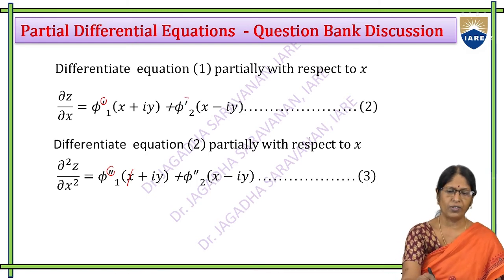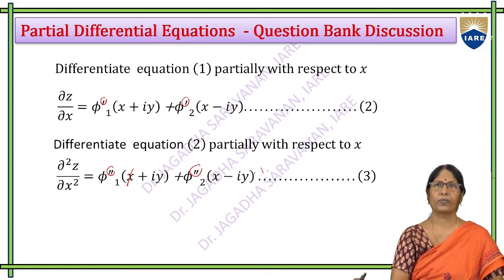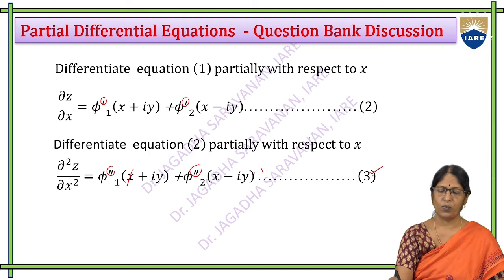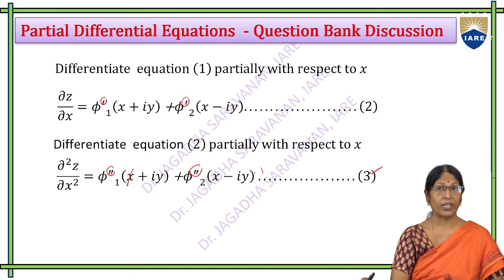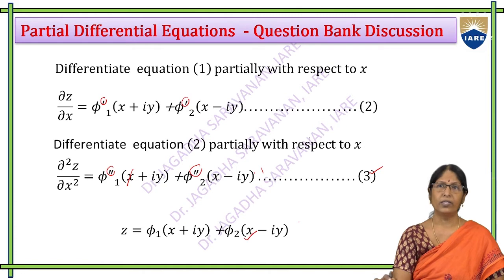Here phi2 double dash is there, again the x differentiation is 1. So this equation 3 is the second derivative of z with respect to x, which we named as 3. Our goal is that these two functions, phi1 and phi2, should be eliminated.